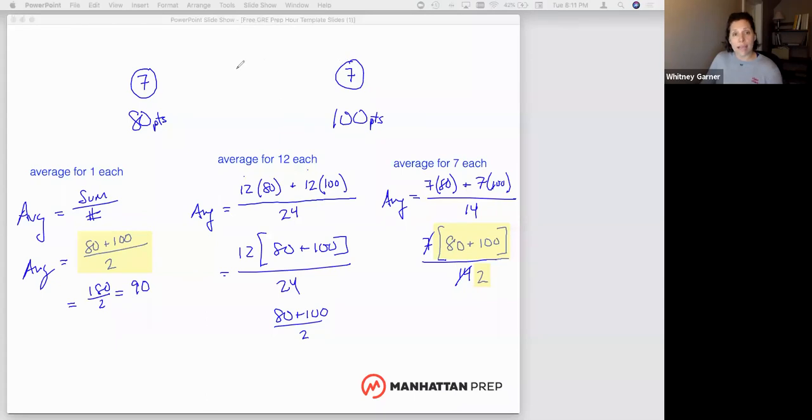In all of these cases, be it 1-to-1 or 12-to-12 or 7-to-7, it reduces down to that same 1-to-1 ratio. And so when I have weights, is it 7 people? Is it 12 people? Is it just one person? When I have these weights that come out to 1-to-1, it's nothing more than a simple average.